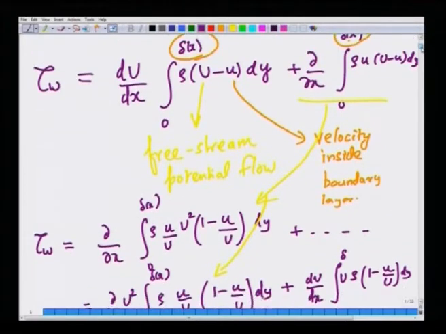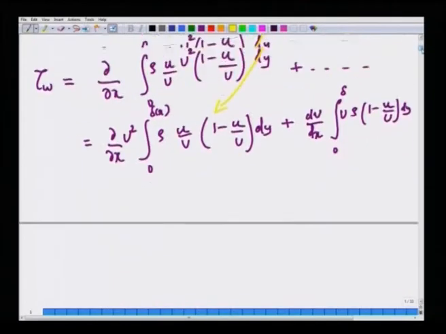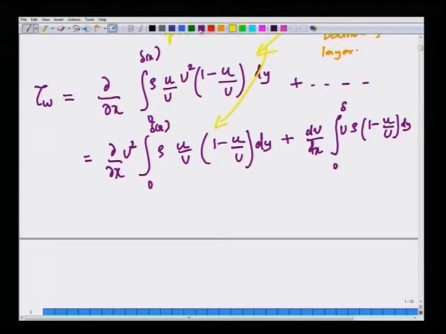If you look at this term, I can pull out u. So, I will get a factor of u divided by u, and since this capital U is a function of x only, I can pull this outside the integral and write it outside.